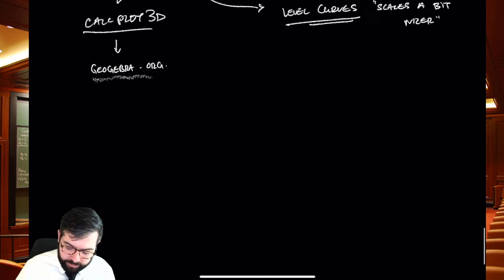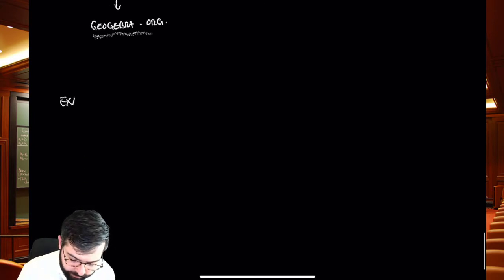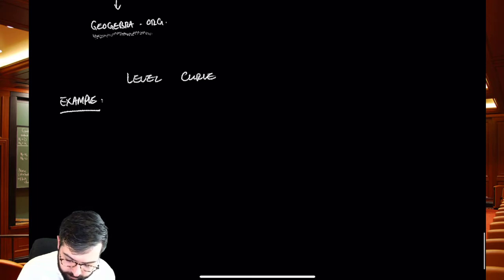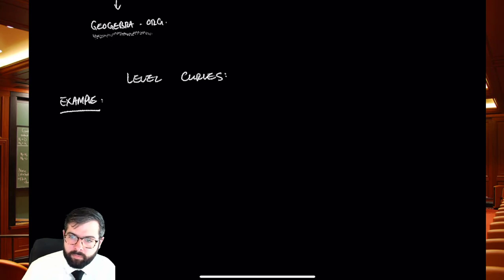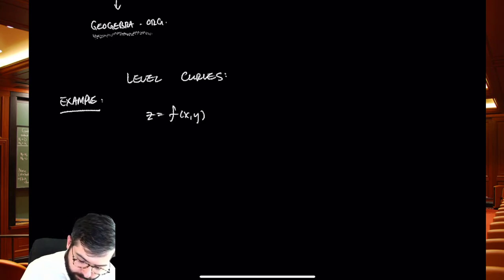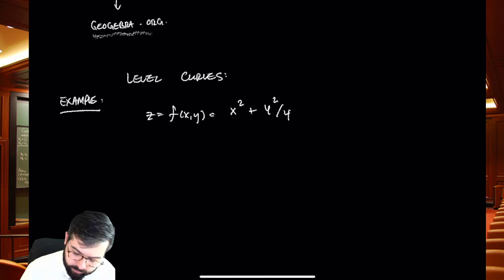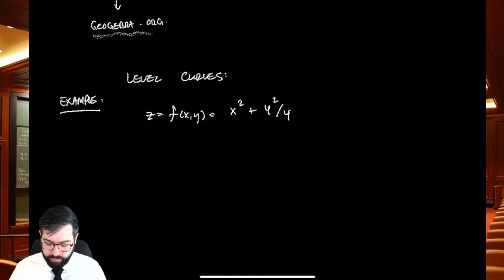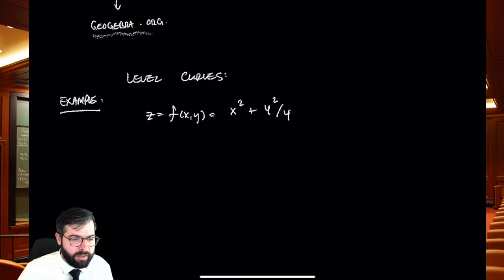So let's look at a simple example with level curves. We've got f of x, y is x squared plus y squared over 4. You might have an idea of what this looks like already.